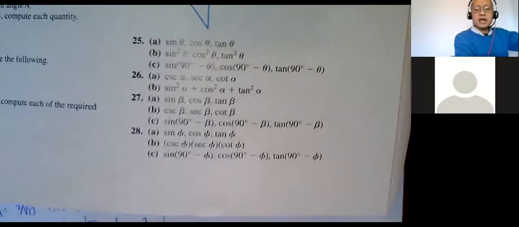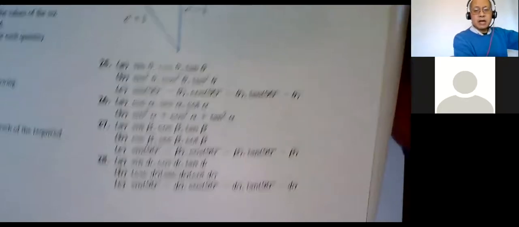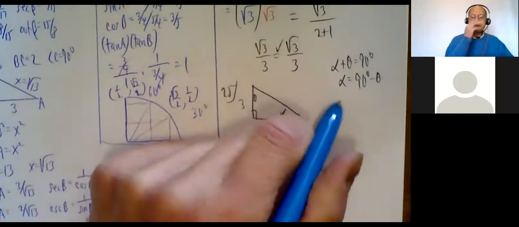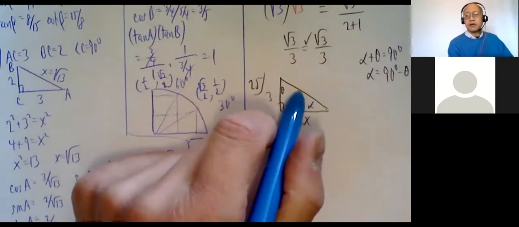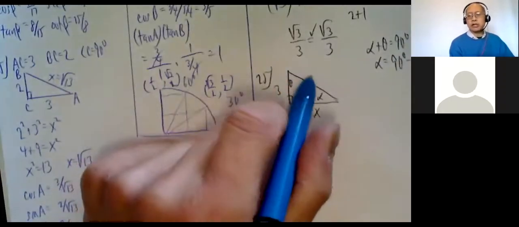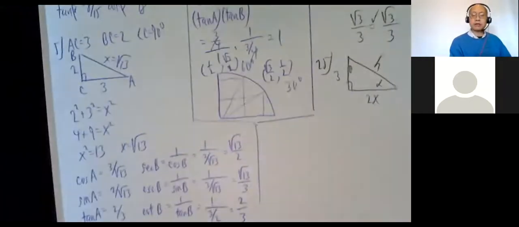The reason why I'm doing that is if you look at 25C, see how it goes 90 minus theta, 90 minus theta, okay, those are all alphas, essentially. All right, I got to figure out the hypotenuse. Over here, I called it x, but I shouldn't call it x because I've already used up an x. So pick another letter. How about h for hypotenuse?